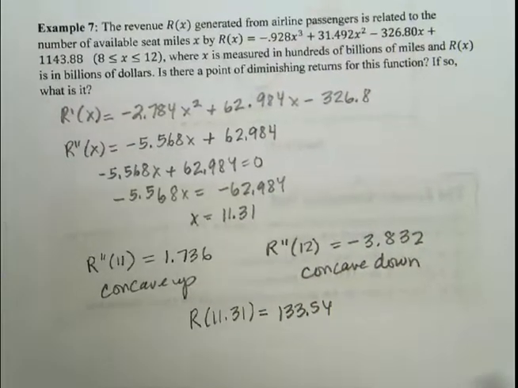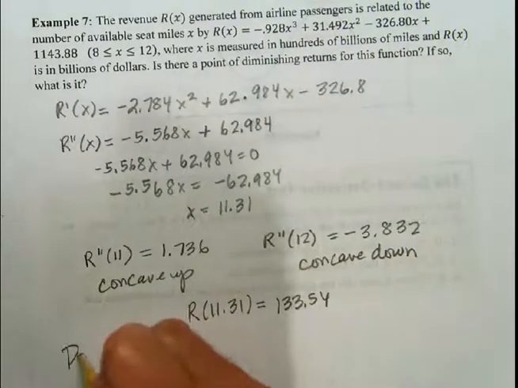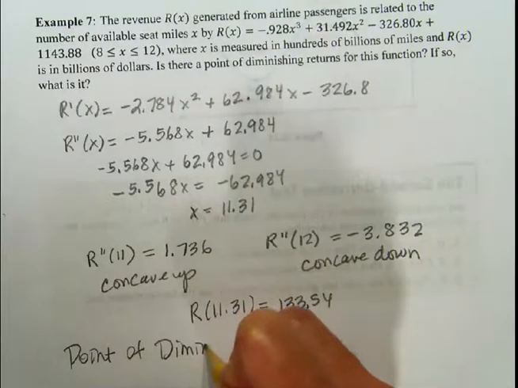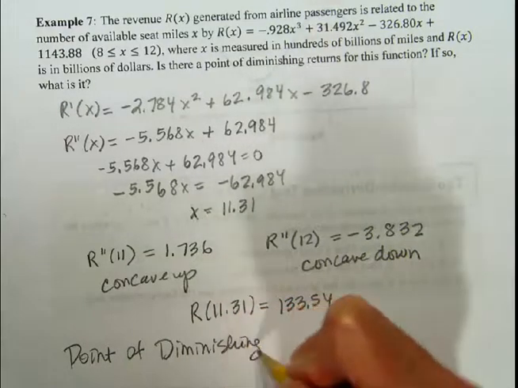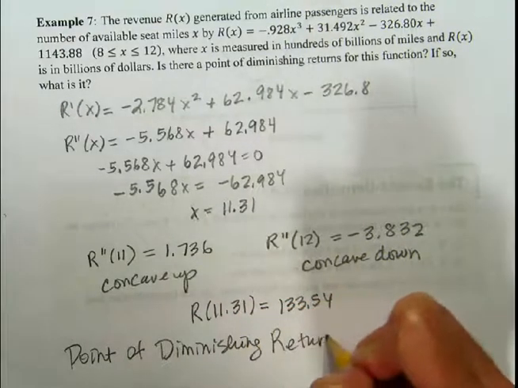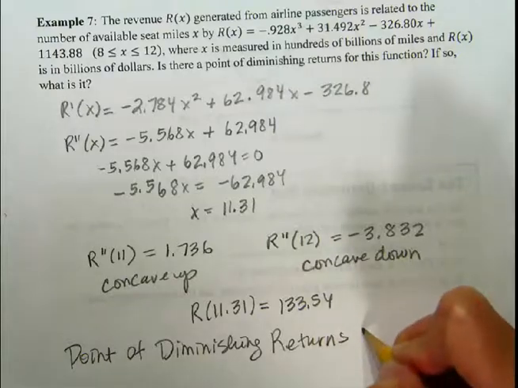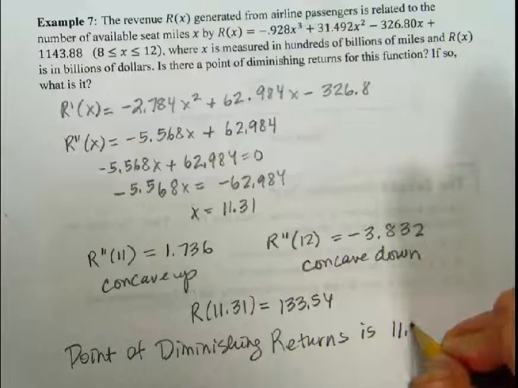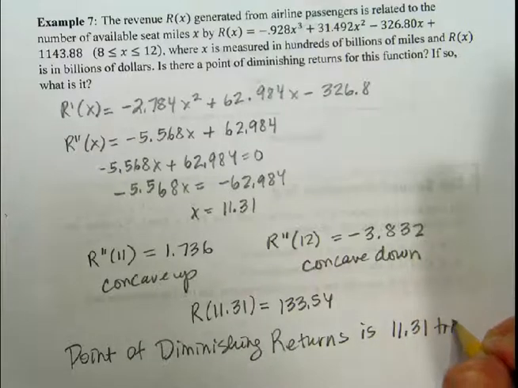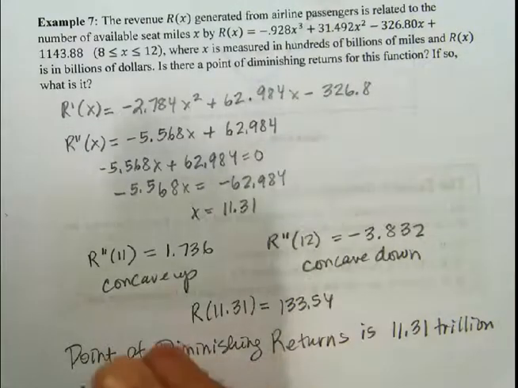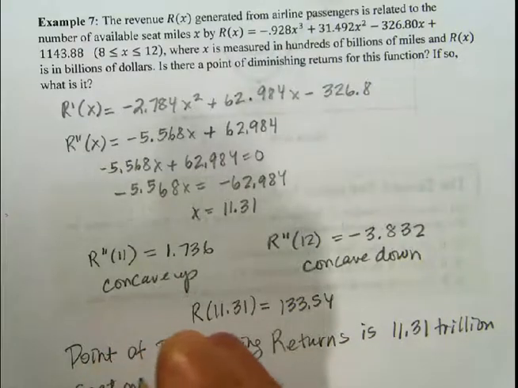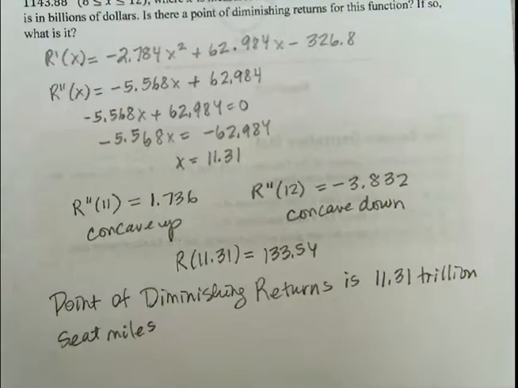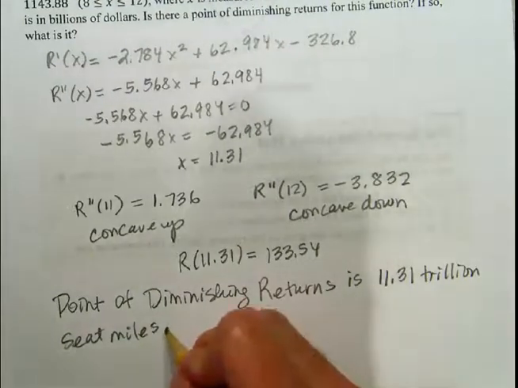So what this means is that the point of diminishing returns is 11.31 trillion seat miles. Sorry if I'm not writing too neat. I'm trying.